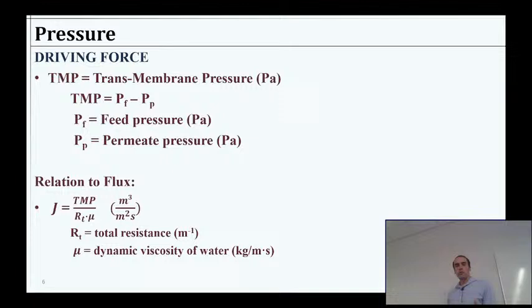Okay, so speaking of force then, let's talk a bit about that. We have TMP as the transmembrane pressure. That's the pressure across the membrane. So if we have a pressurized feed, we typically have a pressure drop because it's requiring some pressure. You can think about when you turn on a faucet, you open it up a little bit, there's only a small amount of pressure coming out.